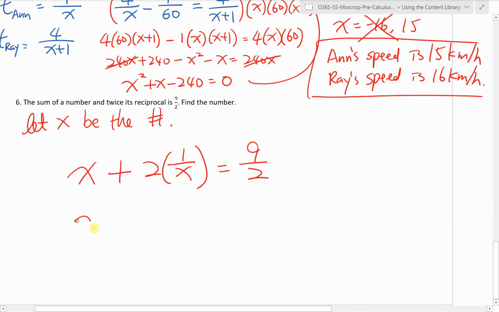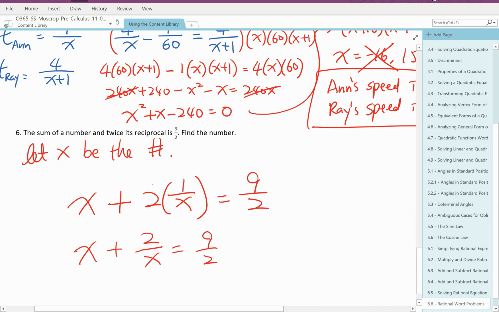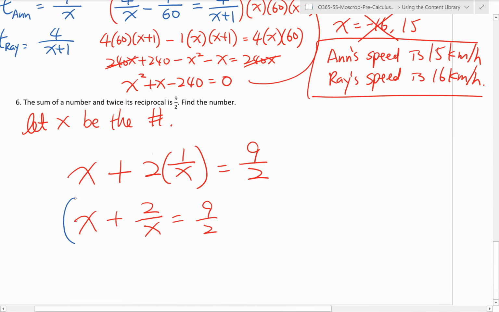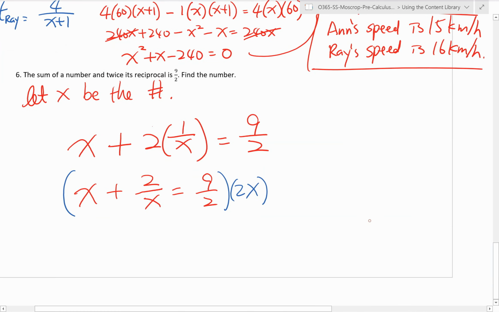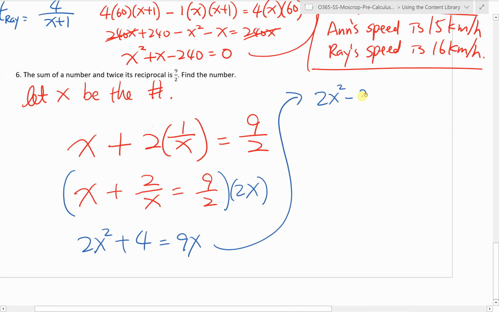Okay, now we can solve this. I'm going to multiply this first. 2 times 1/x is 2/x, and that's 9/2. Now we can multiply by the common denominator, and that is 2x. So 2x times x is 2x squared. This is 4 equals 9x. We have 2x squared minus 9x plus 4 equal to 0.